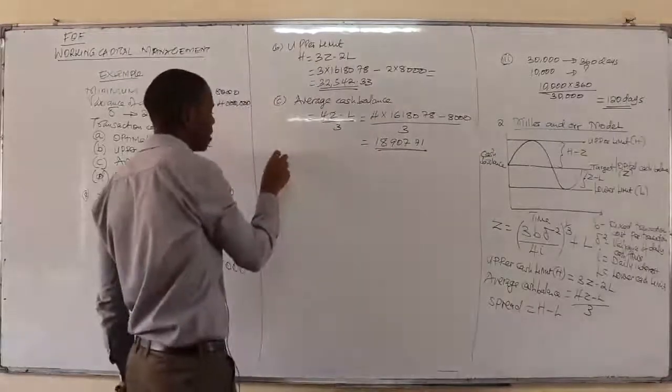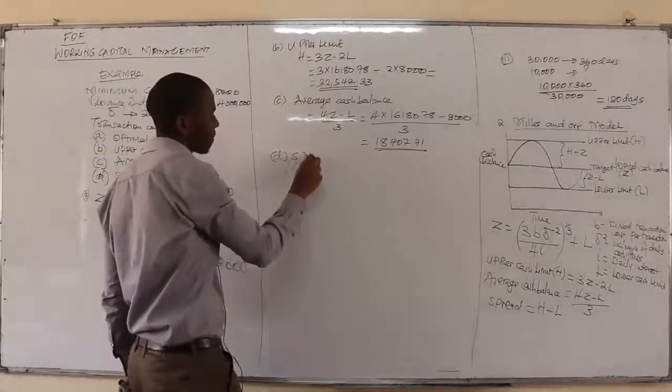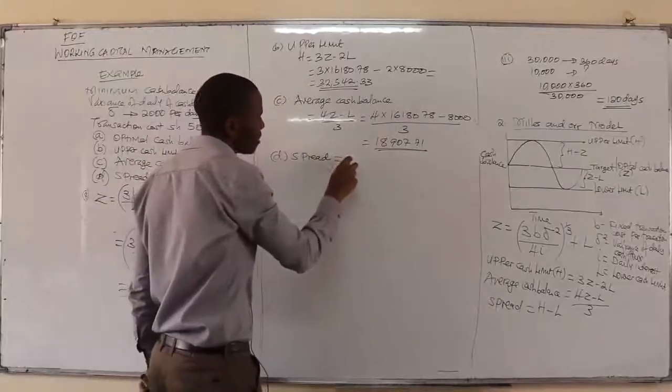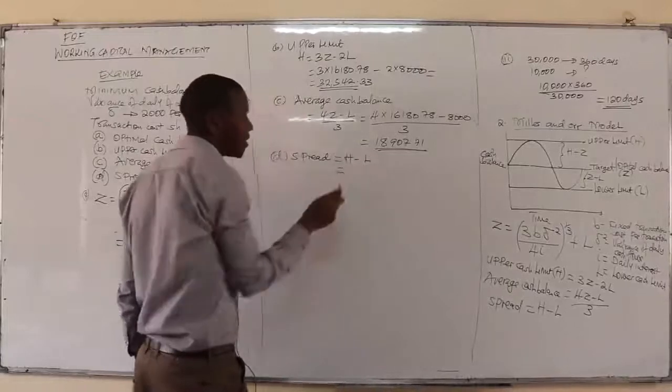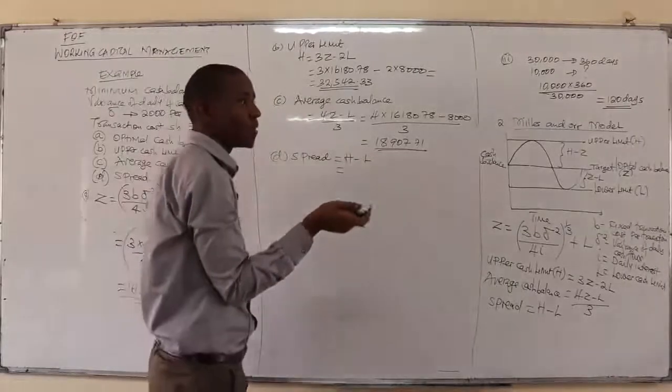So number D is the spread, and to get the spread you take the difference between the maximum and the minimum.